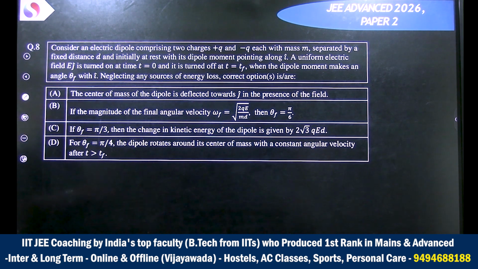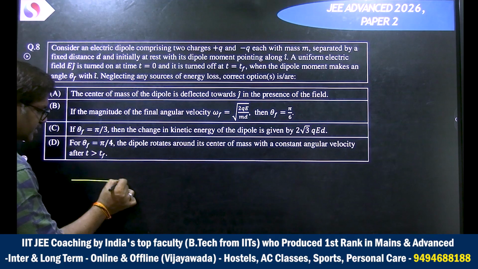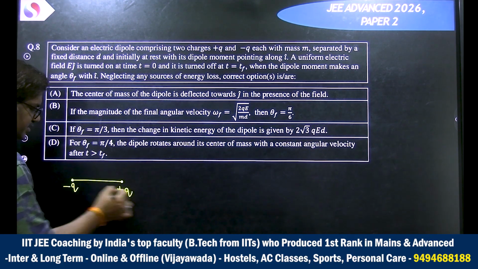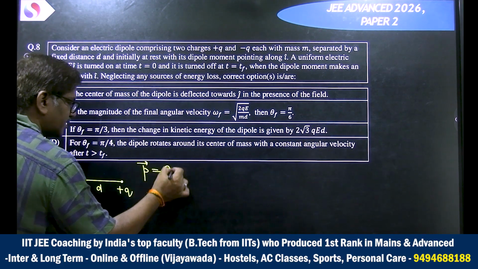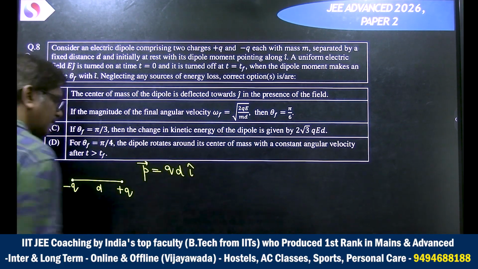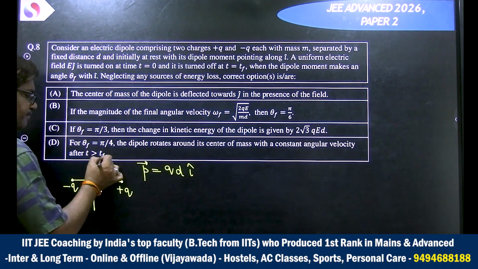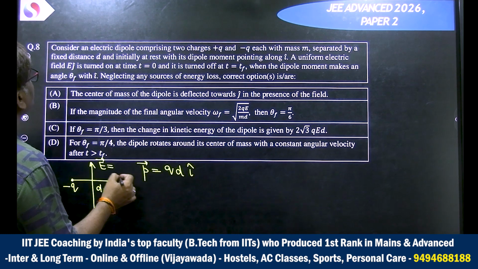When the dipole moment is making the angle theta f with I cap, so there will be plus q and minus q. That means minus q is here, plus q is here at a distance d. That's why the dipole moment is along I cap, which is q d I cap. But the field will be along j cap. Mind it, okay? So this field will be E j cap.